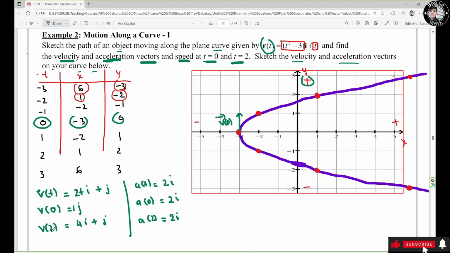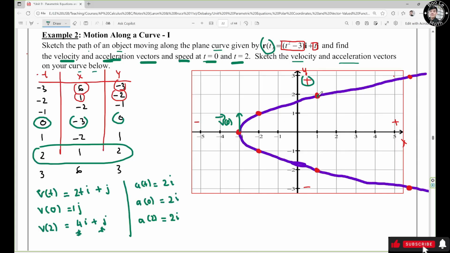Now v of 2, so t equals 2 is going to be right here, right? So the ordered pair should be 1 and 2, right? X equals 1, y equals 2 is going to be right here, right? Now you have the x component is 4 and the y component is 1, right?